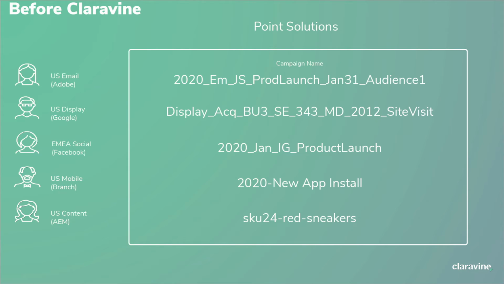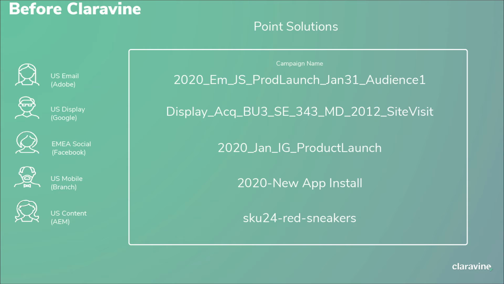Now, if we take a look at just one single field, the campaign name field, most all point solutions or execution solutions have a name field. In many cases, it's called campaign name. And if we take a look at someone going through and doing ETL and pulling all those different name fields together, even the creative name, there's logic that goes into creating these names, and many different groups have taken some time to build out a taxonomy that goes into that naming convention, as you can see here.